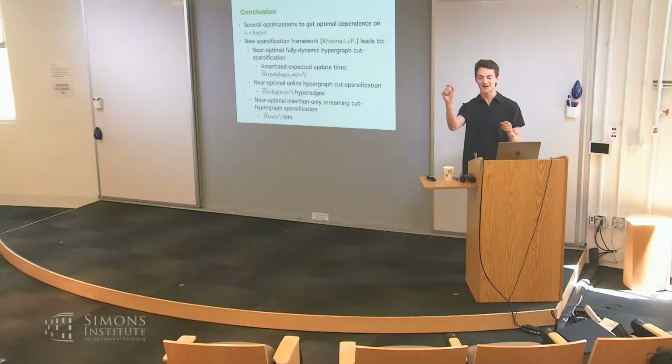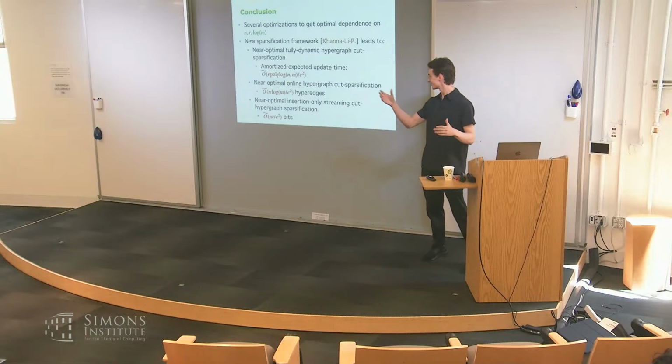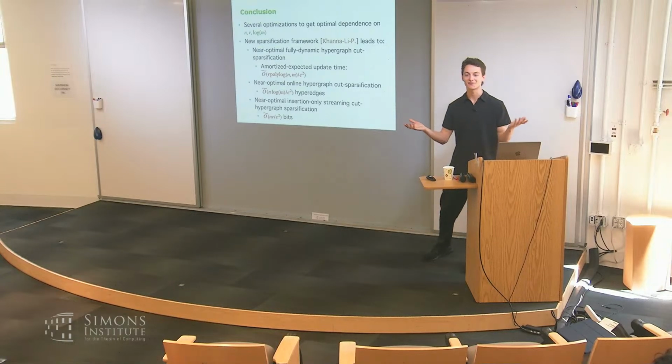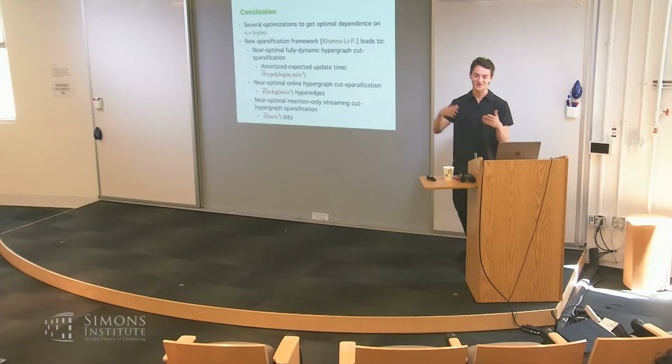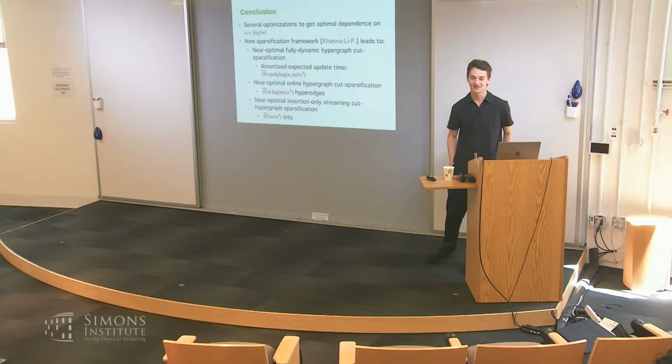Basically, you want to know what the randomness you used to fingerprint it was. So if you want to delete a hyperedge that was inserted, you have to know what was the fingerprint we used for that hyperedge. And so we just solve this by basically creating a non-uniform streaming algorithm. So it's hardwired into the description.